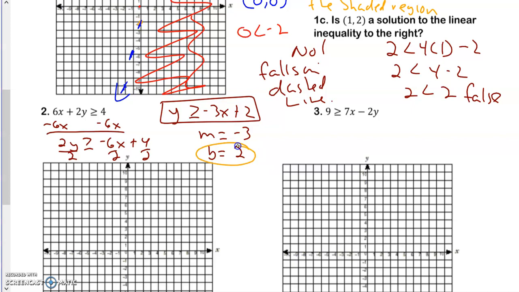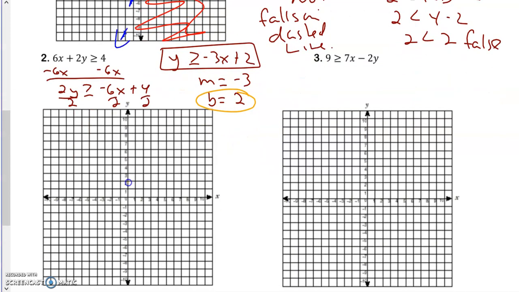For me, I always like to circle where I start. I always start on the y-intercept. This time it's negative, so I'm going to go down 3 and to my right 1, and I'm going to continue going down and to my right. After I go to my right, I go back to that orange dot, and then I go up 3 to my left.